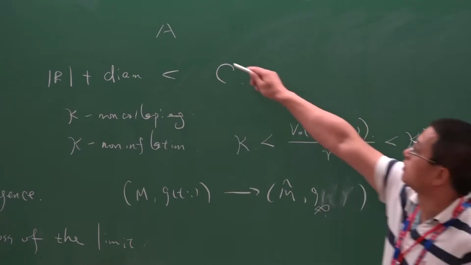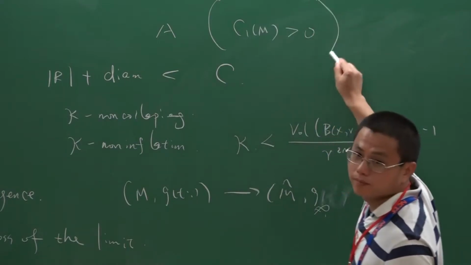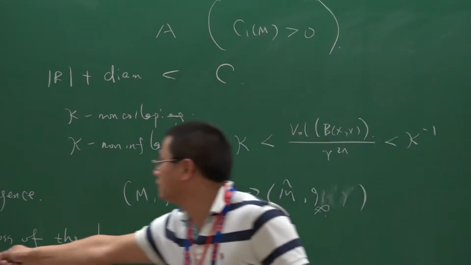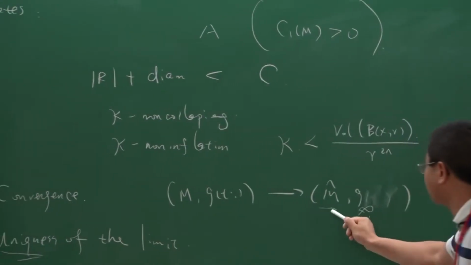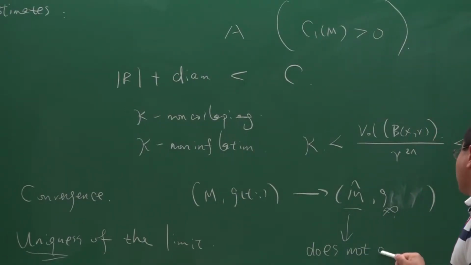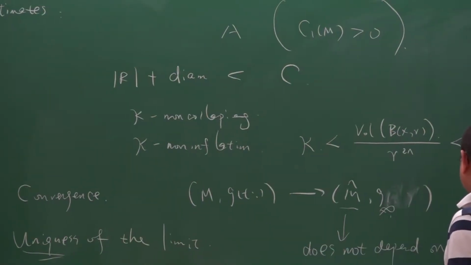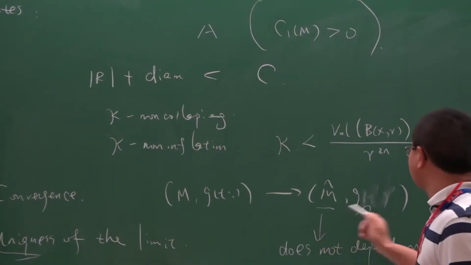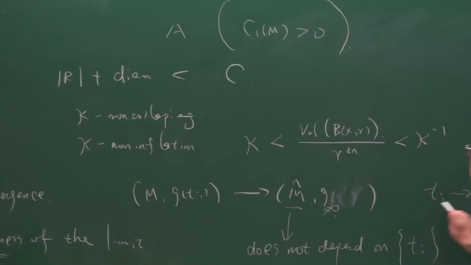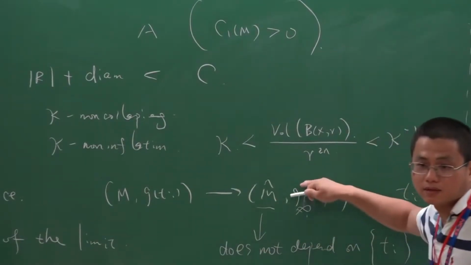So this is A. This is c_1(M) positive. And by the uniqueness, I mean this M hat does not depend on the t_i. So for each t_i converging to infinity, by taking a subsequence you obtain a limit.